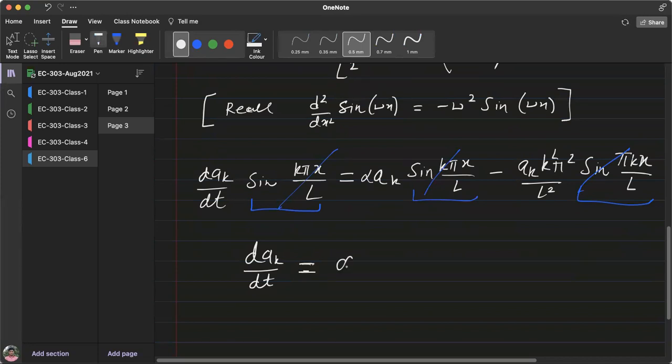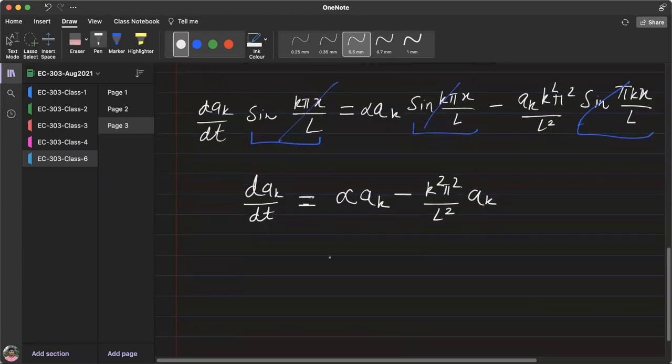That is given by alpha times ak, just the regular exponential term with alpha, which is the same as what we had for the mean field model, minus some additional terms though, minus k square pi square by L square times ak. So this is equal to alpha minus k square pi square by L square times ak.